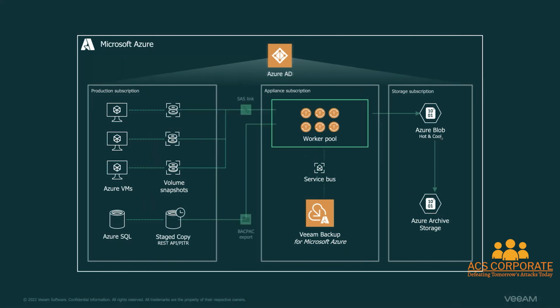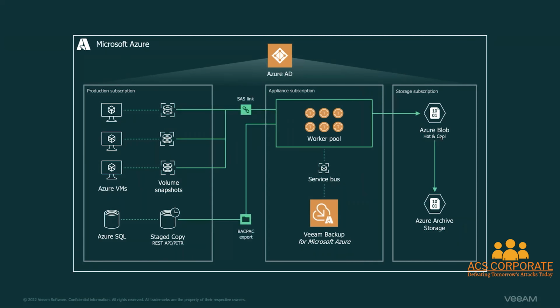And this is where the workers come into play, right? So the workers then start to either, for Azure SQL, do a backpack export, or for our volume snapshots, create that image-based backup, process those, and start to store them on that Azure Blob Hot and Cool. So we see folks that do maybe hourlies, dailies, snapshots, will have those living on the disks, but sometimes they're weeklies, more often than not monthlies or even yearlies are stored across here.